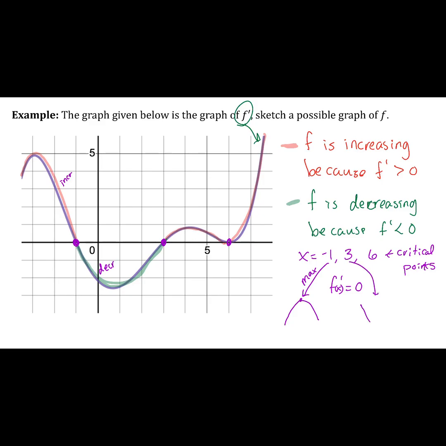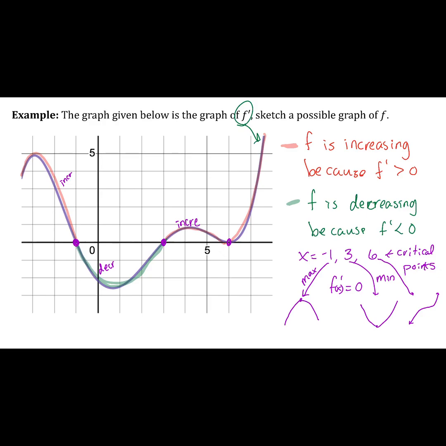And at 3, we're decreasing before and then increasing after, so this is a min. At 6, we're increasing before, we're increasing after. So at 6, this is just going to be a place where we kind of flatten out, but we still continue to increase.